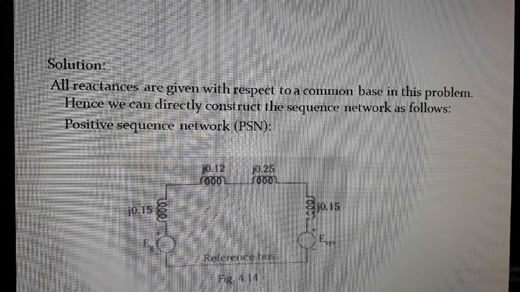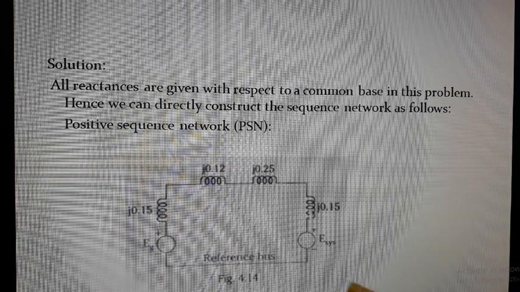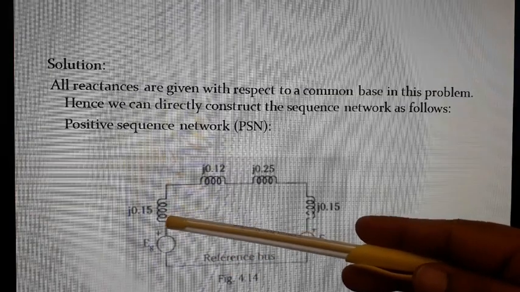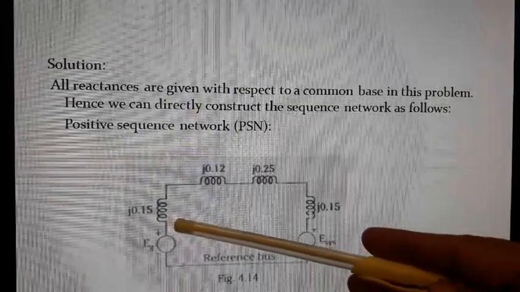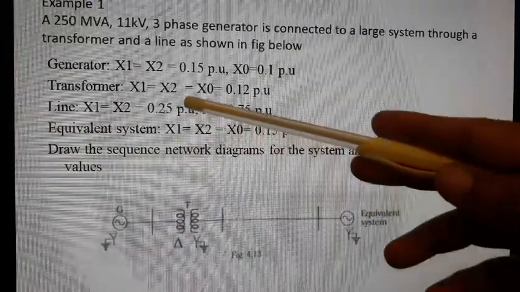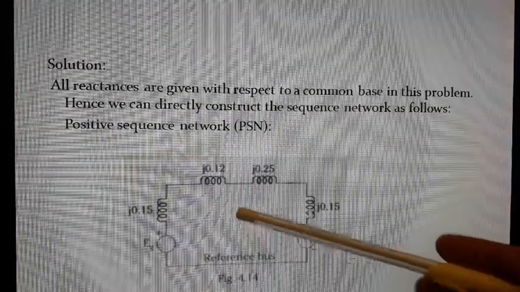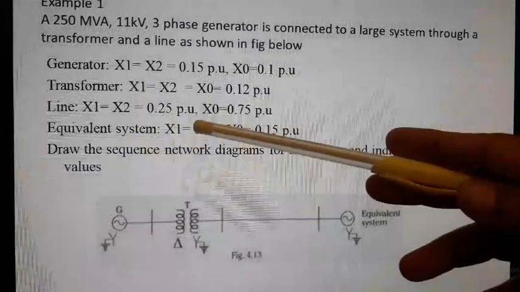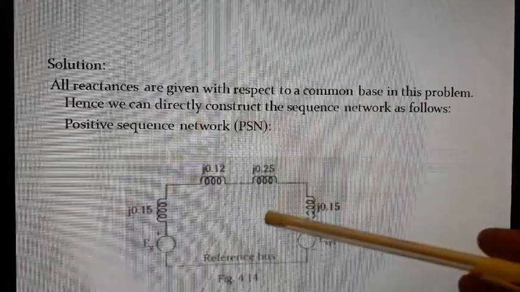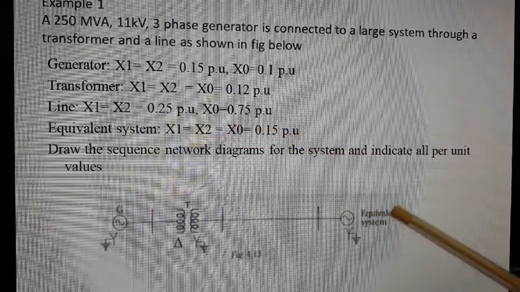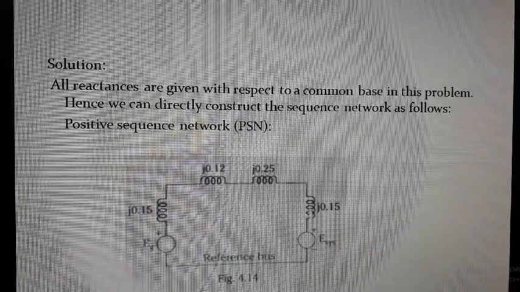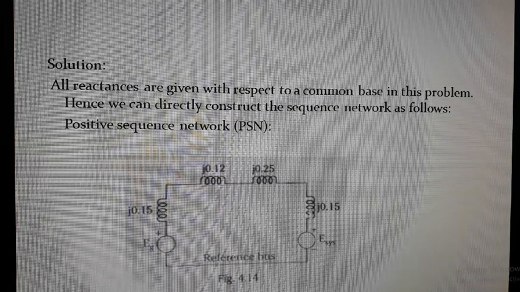We see that the value of X1 for the generator is j0.15, shown here, for the transformer 0.12, for the line 0.25, and for the equivalent system 0.15 with voltage sources. So this becomes the positive sequence network.